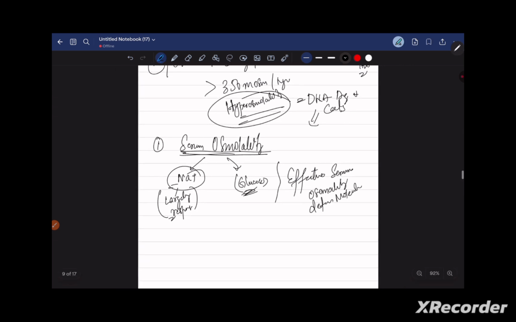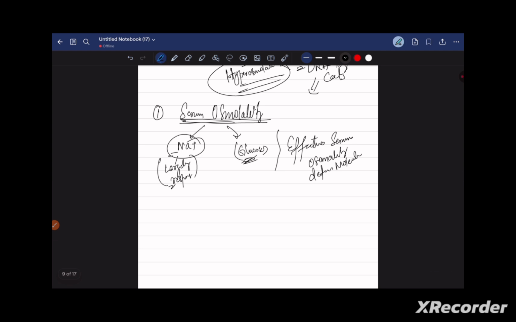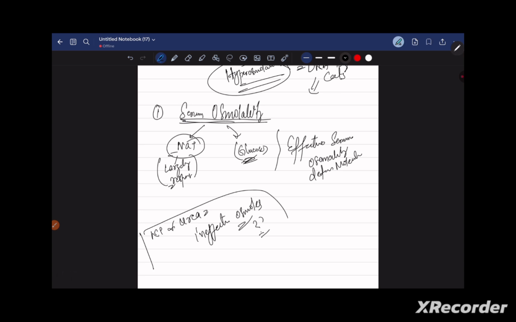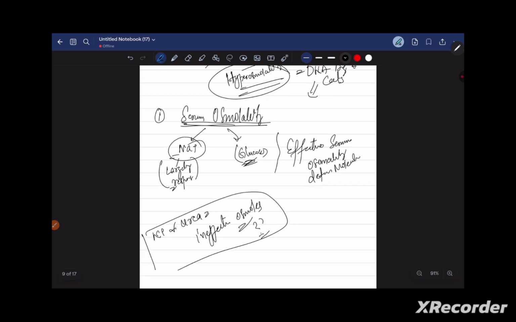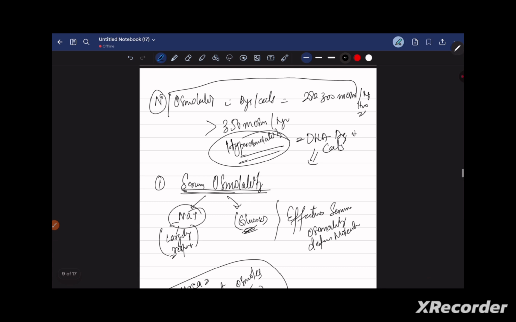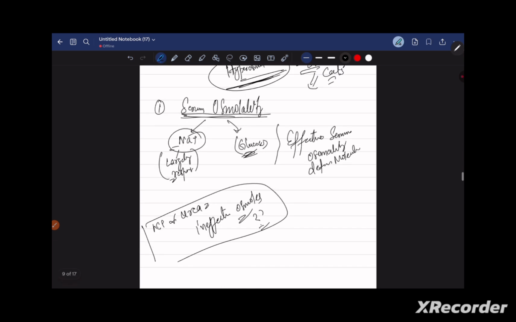And what about potassium and urea? These are known as ineffective osmoles. Why? I will be discussing later why these are called ineffective osmoles. So why is hyperosmolality never seen in DKA dogs and cats?